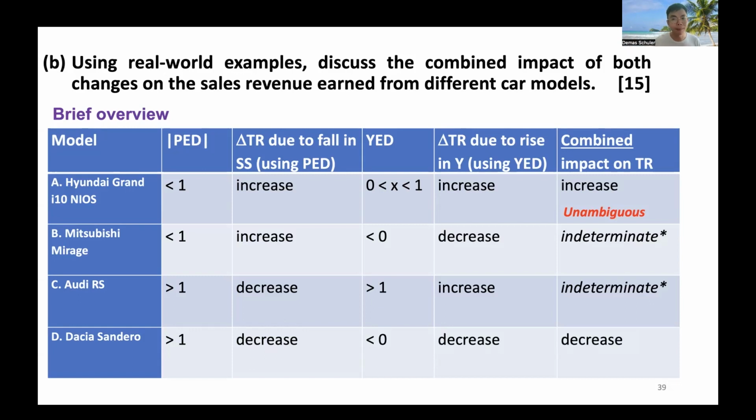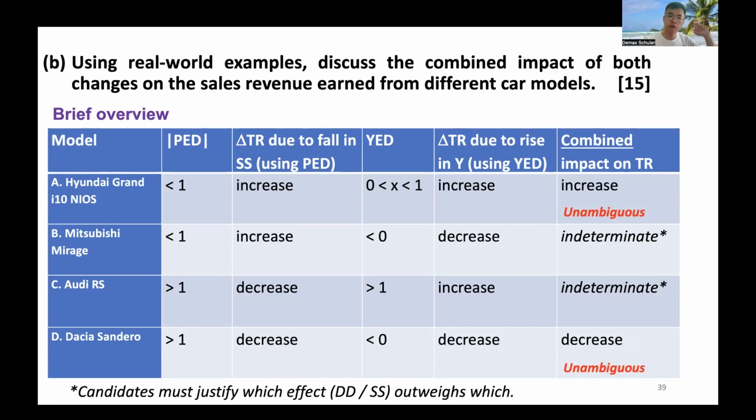In this case, the combined impact on total revenue would also be decreasing. It is unambiguous, like case A. For models B and C, candidates must justify which effect outweighs which.